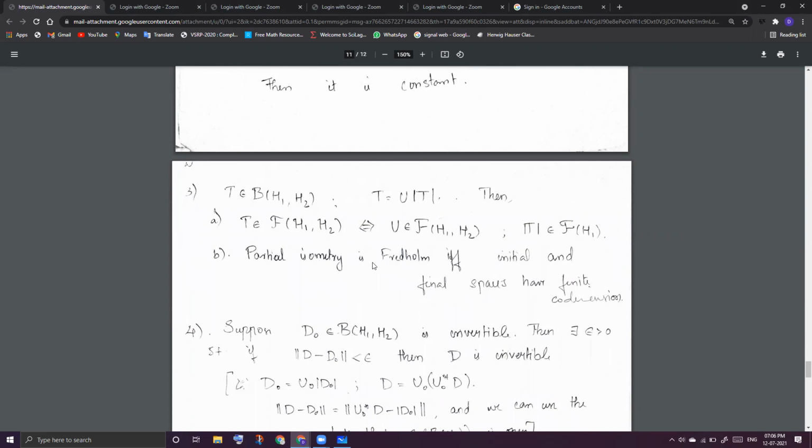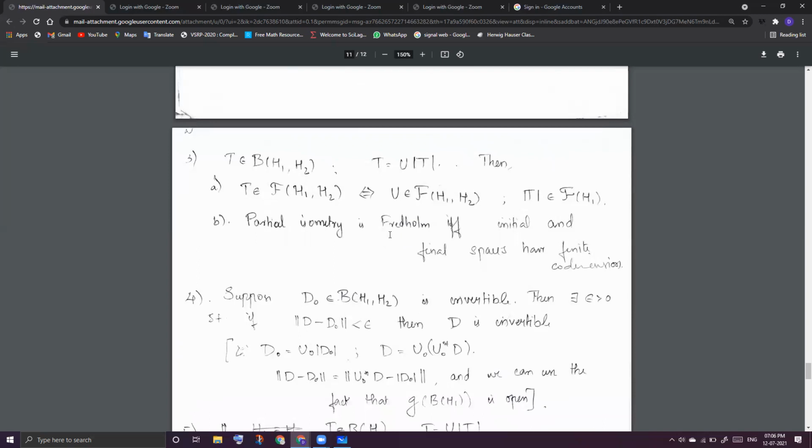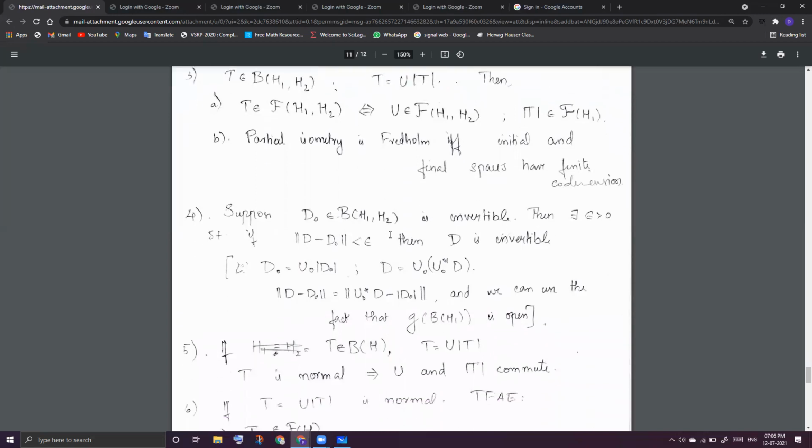And a partial isometry is Fredholm if and only if the initial and final spaces have finite codimension. I'm not mentioning the proofs, just the results, because it wasn't done in the text, and I haven't properly worked out the details either.